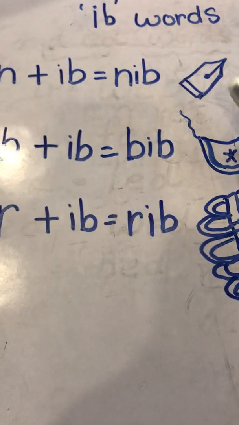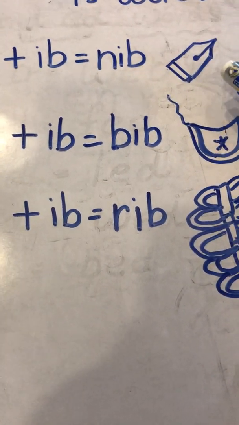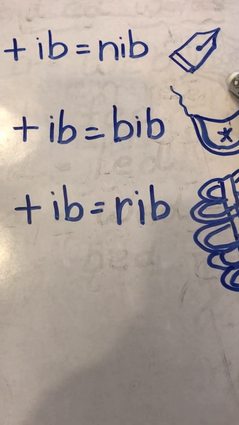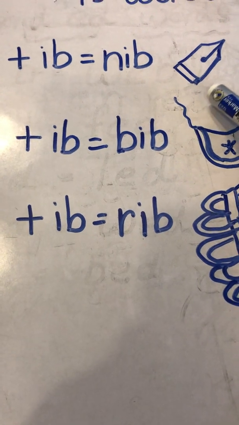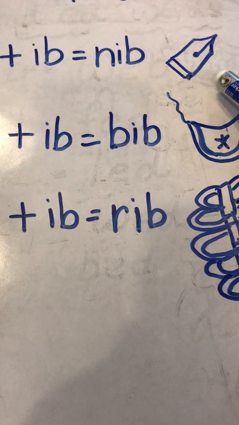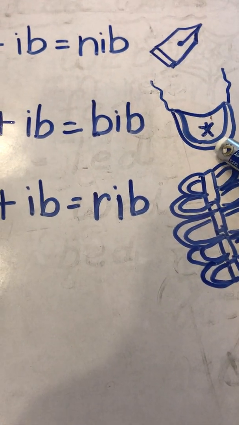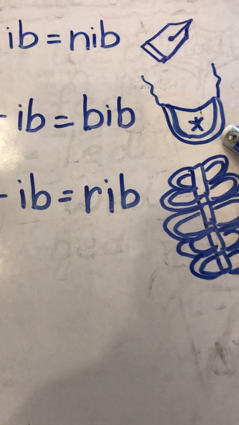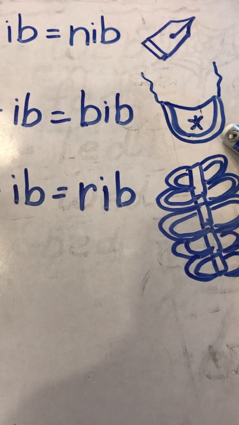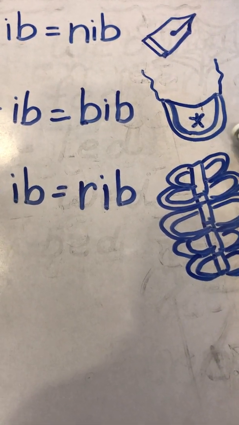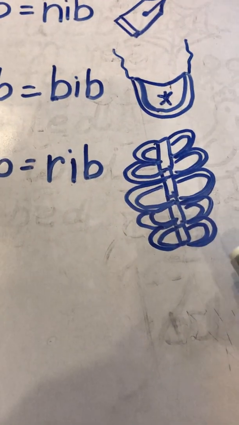The meaning of nib: it is the pointed end part of the pen through which we write. With the help of the nib, we write on paper. It distributes the ink. Bib is a small piece of cloth or plastic fastened around the child's neck to keep its cloth clean. Next is rib.